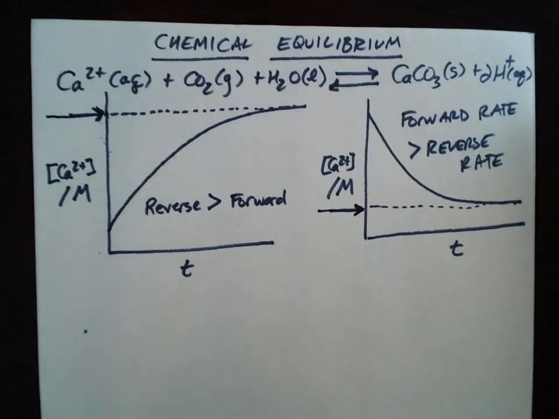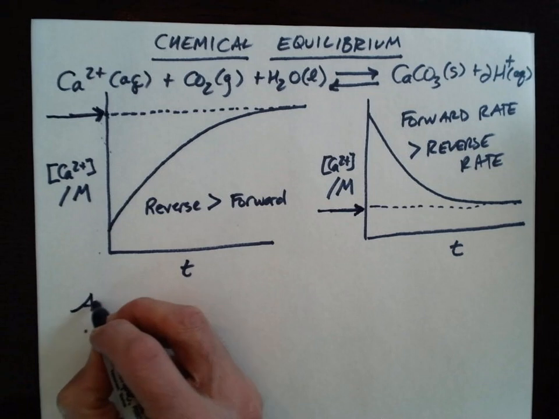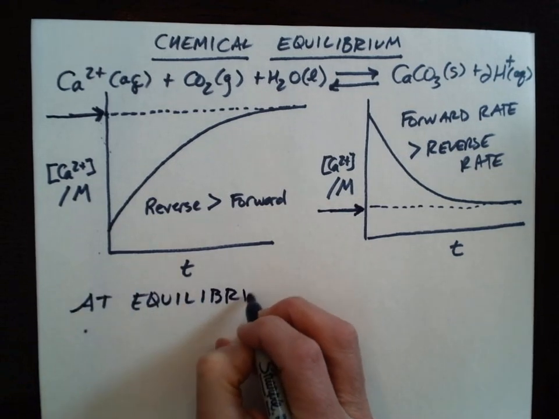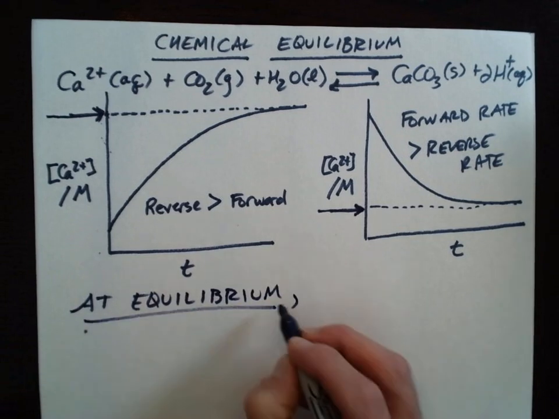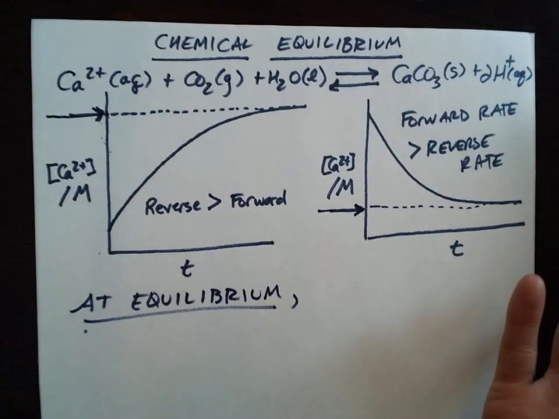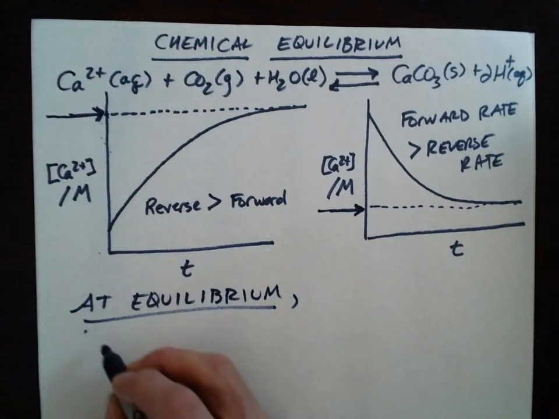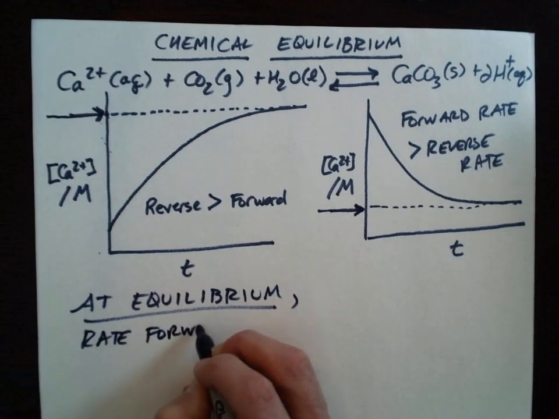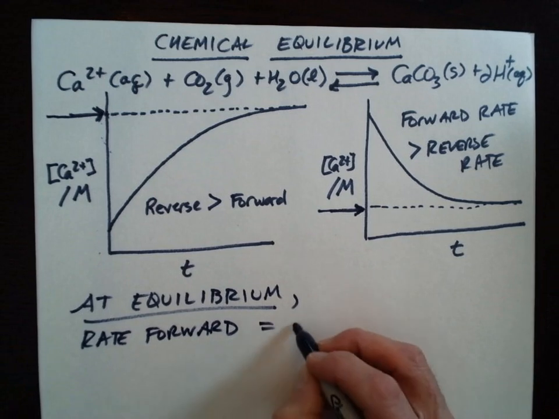And it should make sense that at equilibrium, when you reach this point where the calcium concentration is not changing and therefore nothing else is changing, it would be the case that the rate of the forward reaction is going to equal the rate of the reverse reaction.